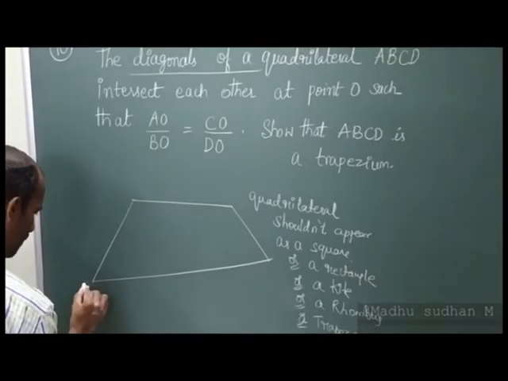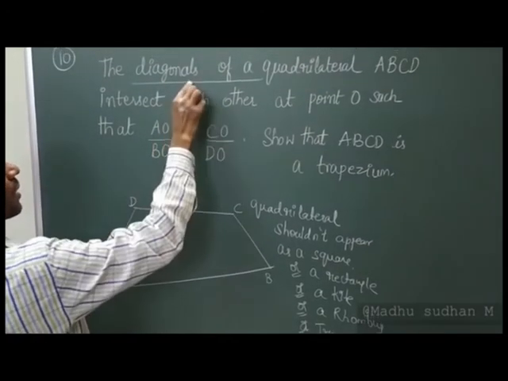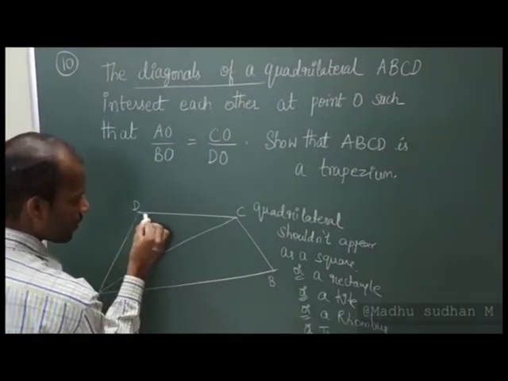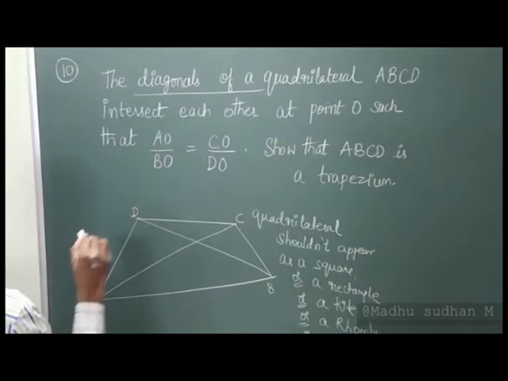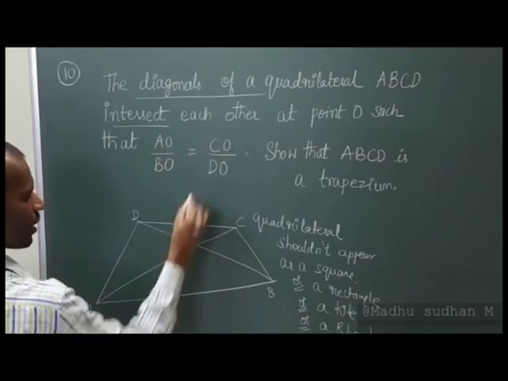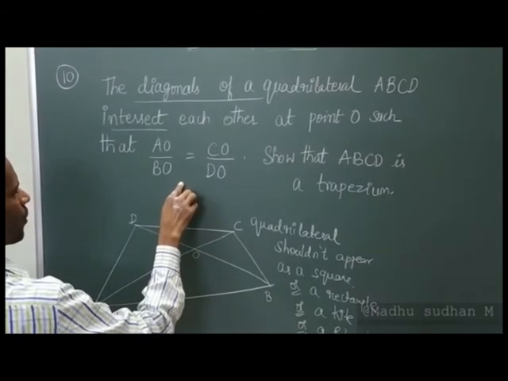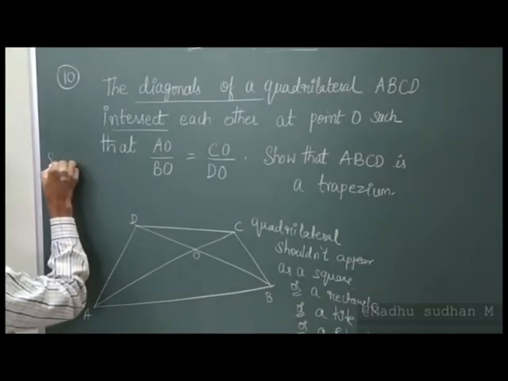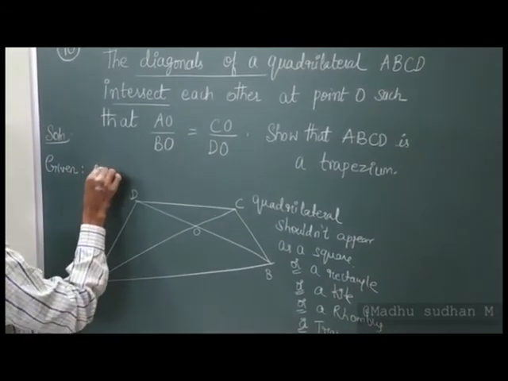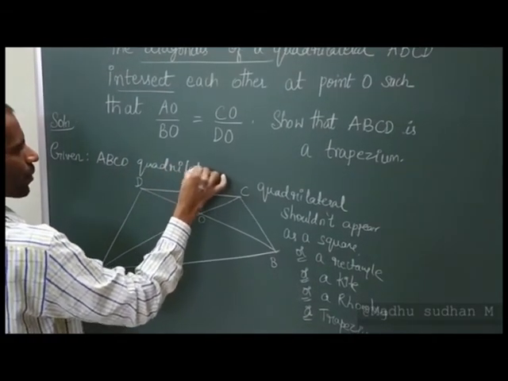Let me write, this is A and this is B, this is C and this is D. The diagonals of a quadrilateral. Let me join this A and C here, and this is B and D joined. The diagonals of a quadrilateral ABCD intersect each other at point O, such that. Now let me write the given. For the solution part, given ABCD is a quadrilateral. What is the meaning of a quadrilateral?